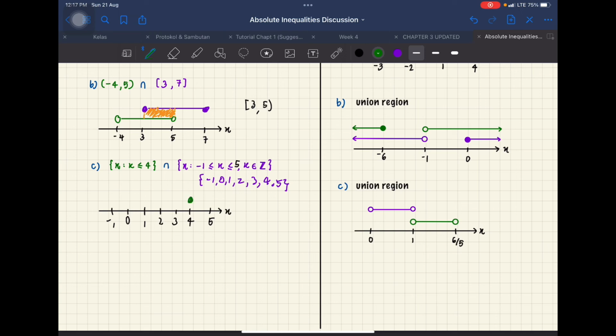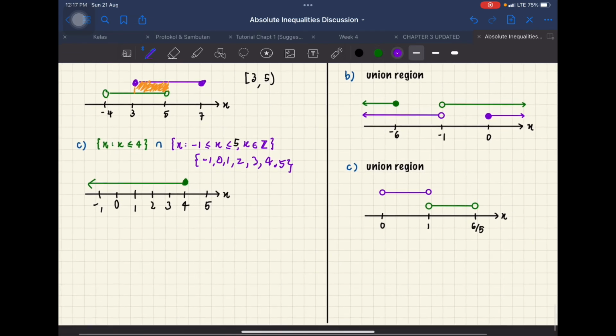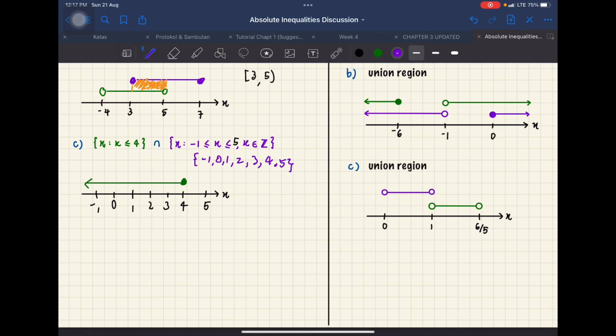So at 4 you make a coloured circle. Why? Because it has an equal sign. Here, sorry, it's here. It has an equal sign. Okay, so it goes to the left. And then for the purple one, because it's just elements, you don't need to draw a line. You just make dots. So at -1, at 0, at 1, 2, 3, 4, and also 5.